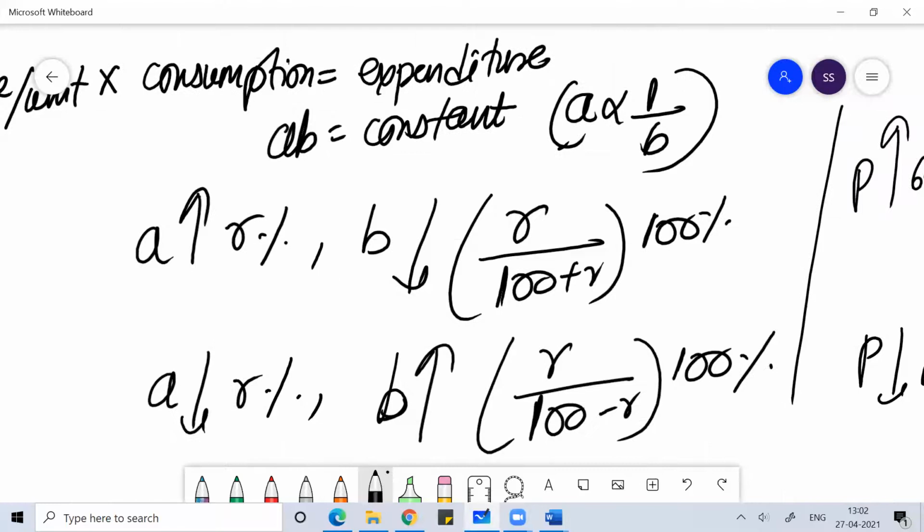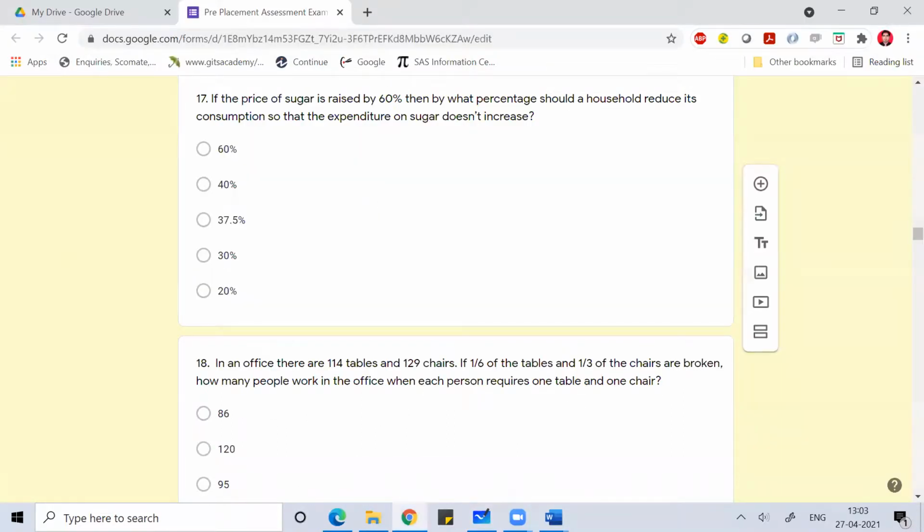If the product of two variables is constant, and one variable increases by R%, the other should decrease by R by 100 plus R into 100%. Or if the first variable decreases by R%, the other should increase by R by 100 minus R into 100% to keep the product constant.